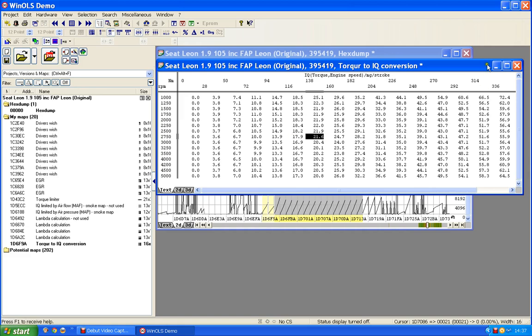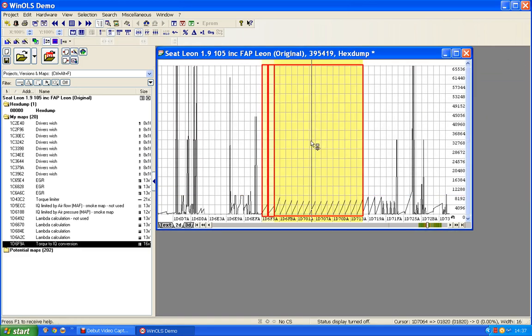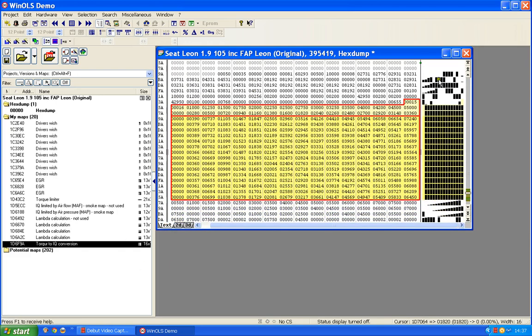Now, one thing that's worth mentioning: Windows has found this one, and it probably found it because if I go to text view, there we've got 15, 16, so it's found those 2 pointers for the axes, and so that probably helped it find it.